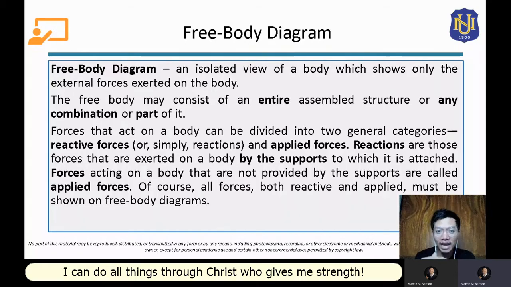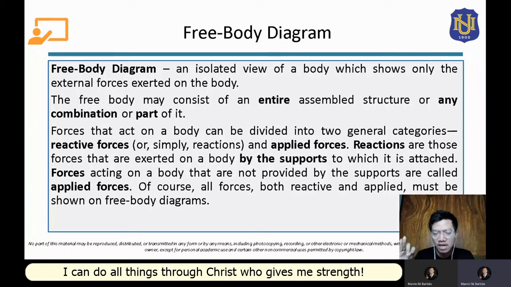Of course, all forces, both reactive and applied, must be shown on free body diagrams. So these are the two kinds of forces that must be reflected on your free body diagram. These are the external forces mentioned in the definition of a free body diagram: the reactions, provided by the supports, and the applied forces.